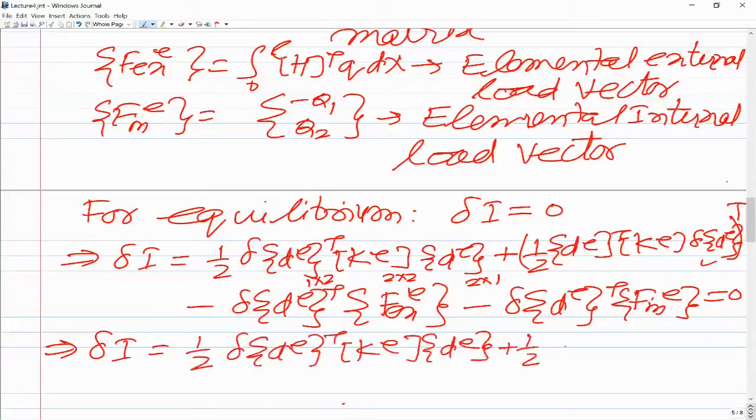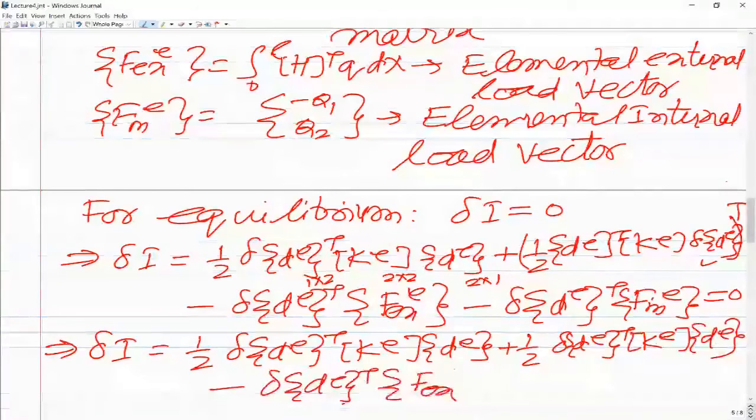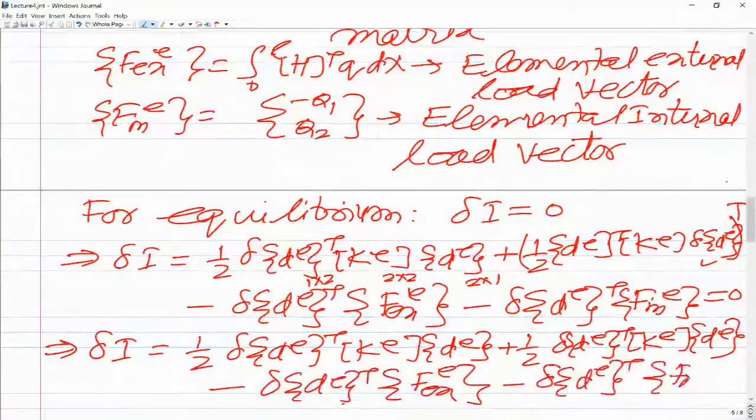So this will come first: delta of D transpose, then KE transpose, since K is symmetric, KE transpose is equal to KE, and then D transpose, so transpose will become DE. That is how the second term can be written, and the other terms are written as it is: delta of D transpose into F external for the element minus delta of D transpose into F internal for the element, and this is equal to 0.